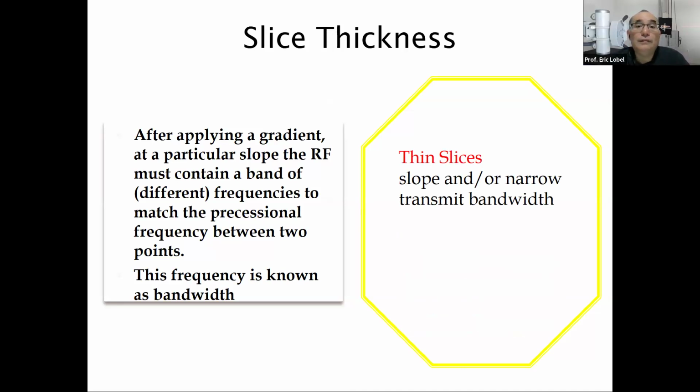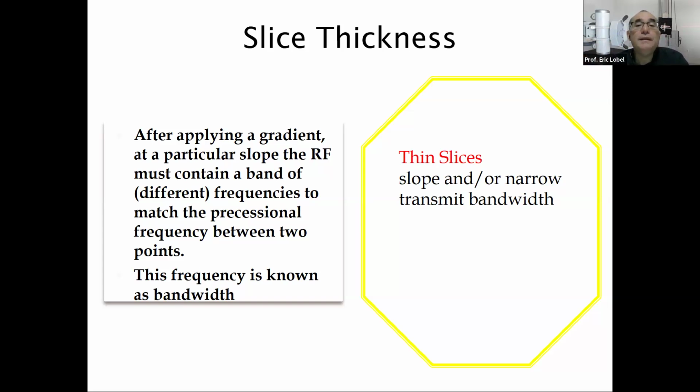Thicker slices, more signal, but we're not going to get into that too much. We're going to talk about specifically how you get a thin versus a thick slice. There are two ways to do thin and two ways to do thick. It's going to come down to what your slope is or the number of frequencies that we send in.